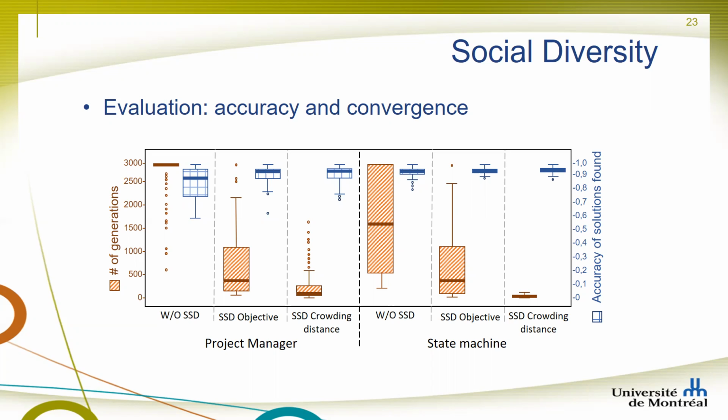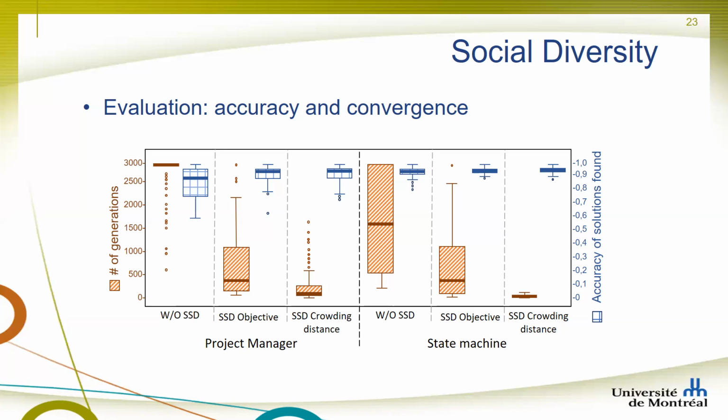If we look at without this social diversity, usually it takes a lot of generations to find the best solution, and we don't have some uniformity in some cases. These are two different problems, different languages. Whereas with the crowding distance, we have better results than even with objectives.